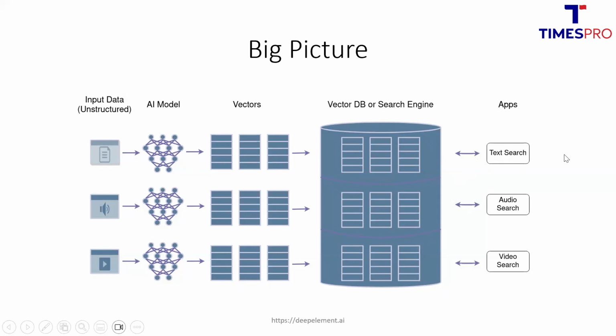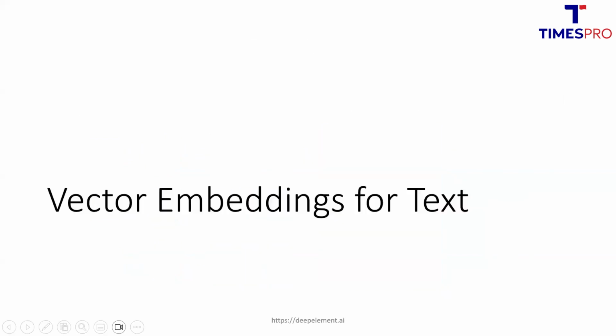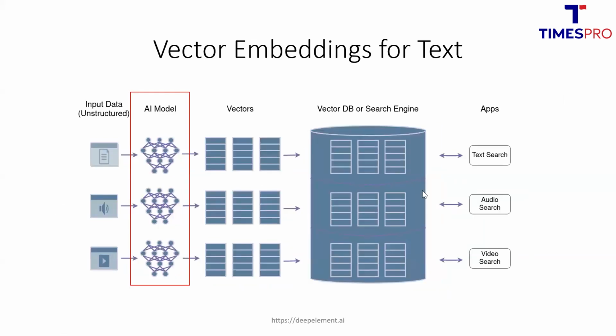Now we will look into how we can convert text into vectors. If you are interested in images, there are other AI models.